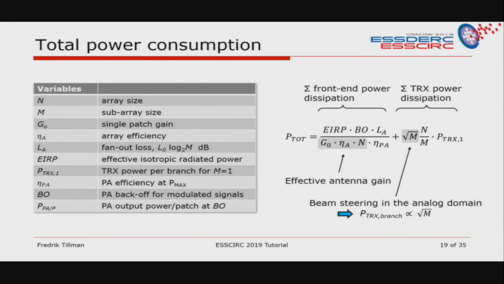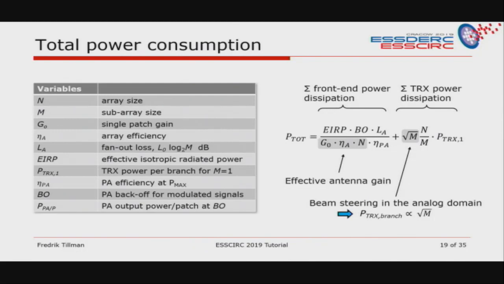So if we divide the total number of antennas we have in the array by the subarray size, we get the number of subarrays, and there you have the n over m factor. Then the square root of n tries to capture the increased power consumption you need to burn in this transceiver system from a dynamic range point of view.